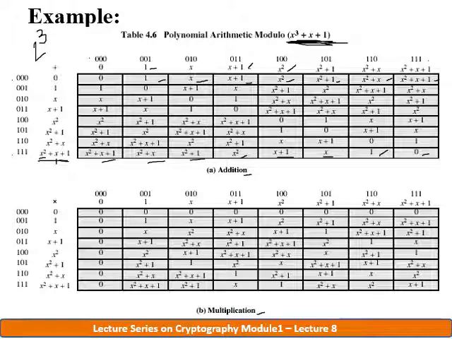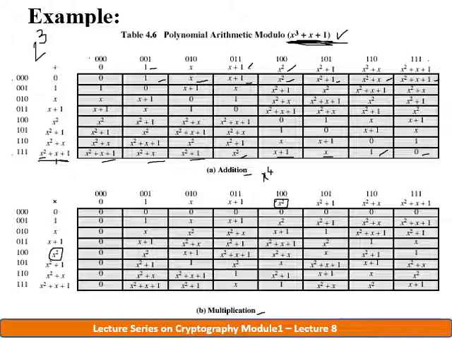What is that? X square into x square. X square into x square is how much? X square into x square means we get x4. What is the highest degree of my irreducible polynomial here? It is cube.